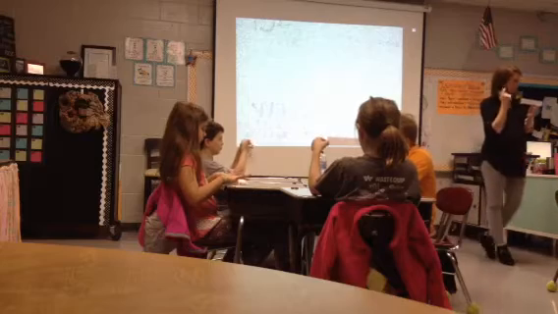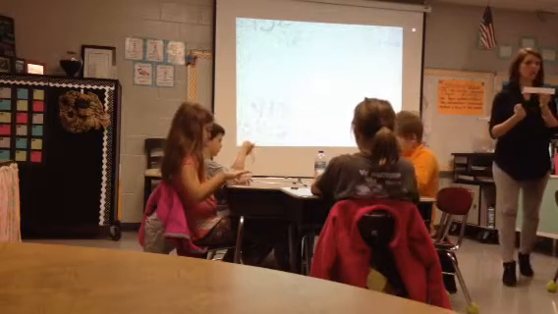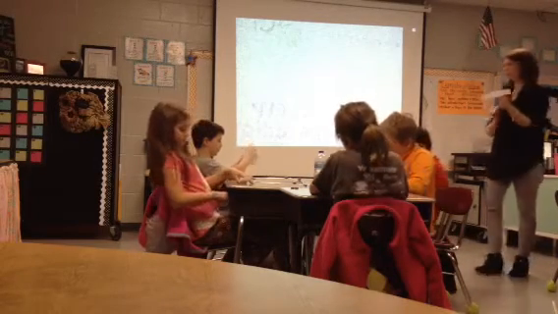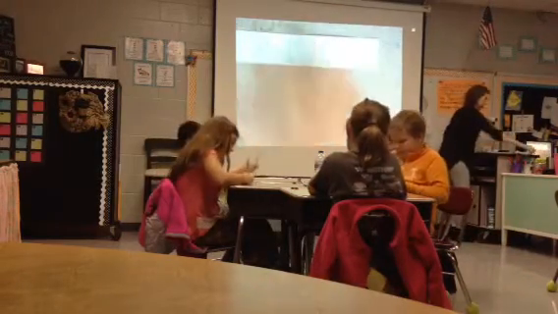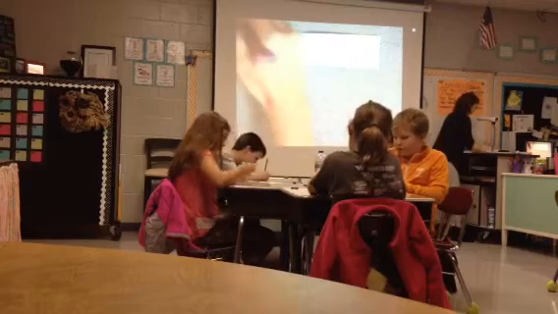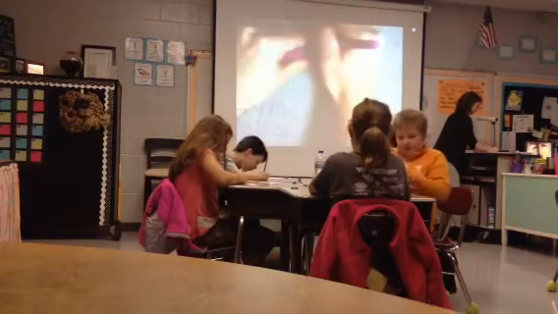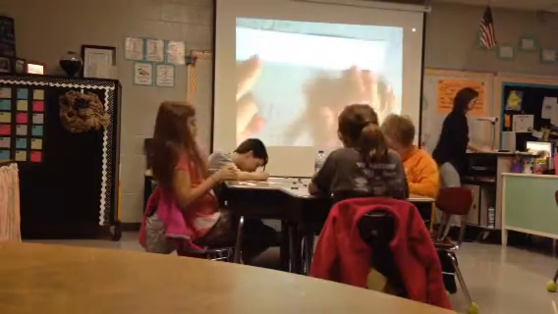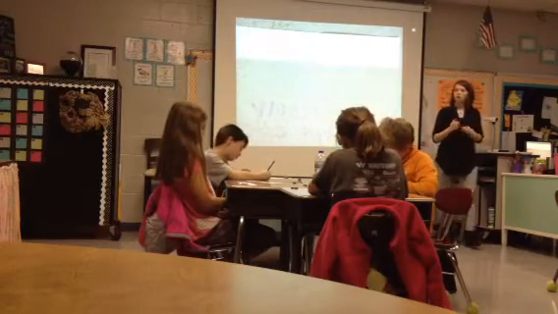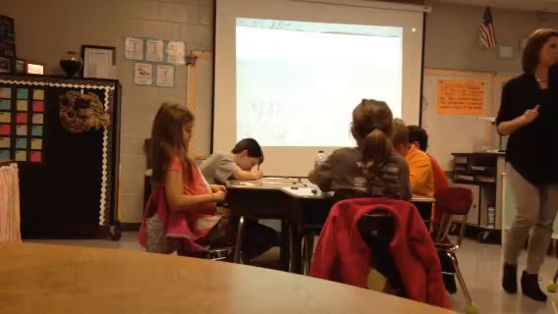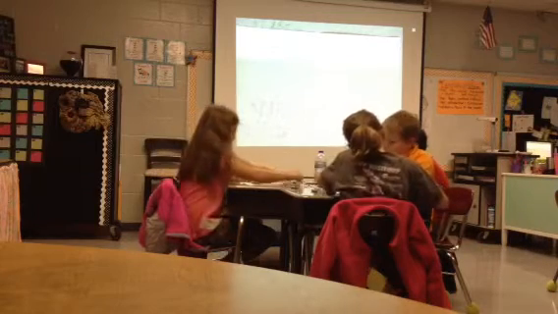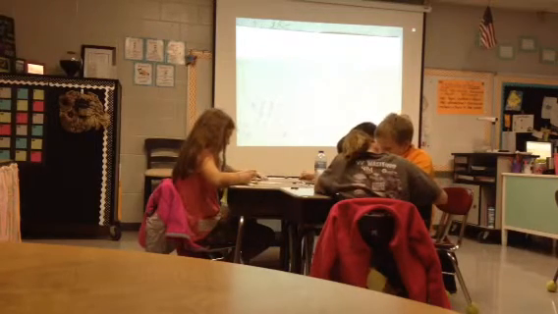With your pencil, will you label each part 1/2? You also have a crayon on your desk. Will you please color 1/2 of your strip that you just folded?